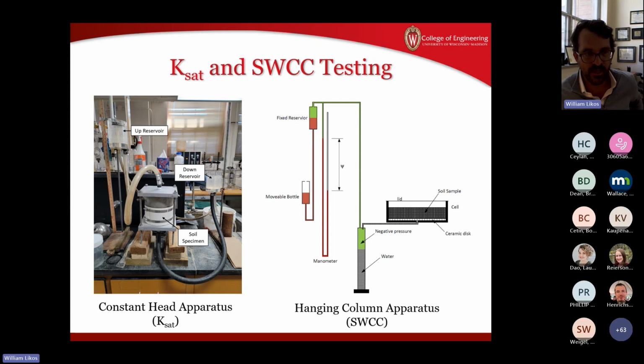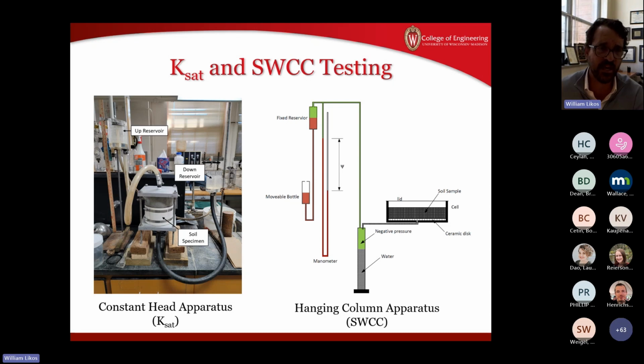So the one on the left is a rigid-walled constant head apparatus where we compacted these materials at optimum, or as close to optimum as we could get, within 95%. That permeameter, I recall, is about 6 inches tall and 4 inches in diameter, so relatively large to capture these larger grain systems.